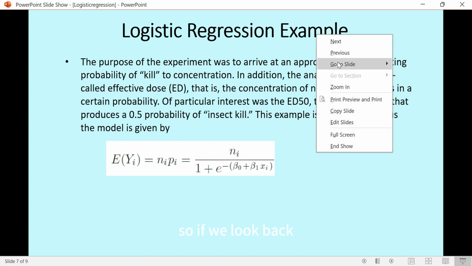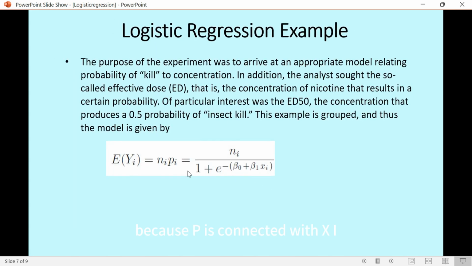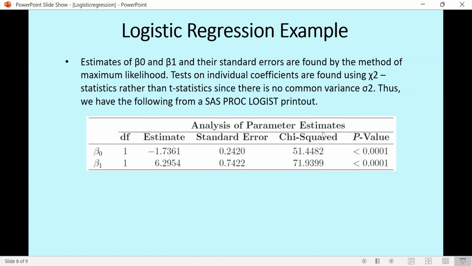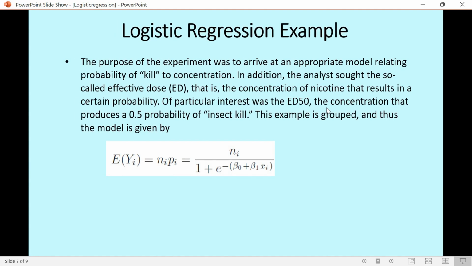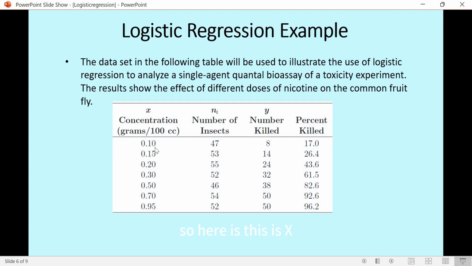Looking back, this one is np, this one is another np, but with a different n and a different probability, because p is connected with x_i. You can see that with a different x we have a different p, right?